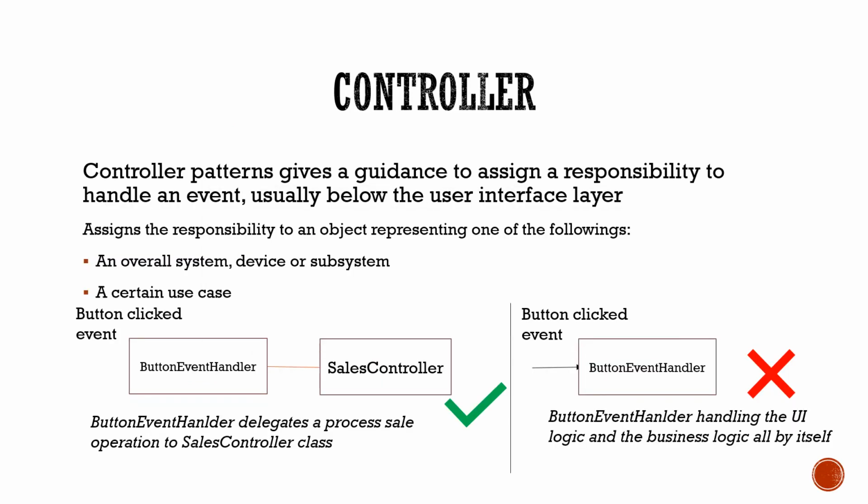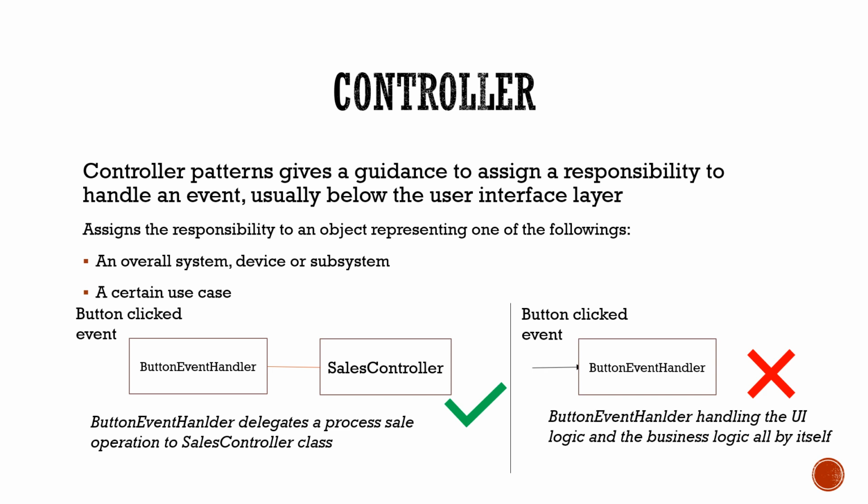The first pattern that we'll discuss is controller. So controller acts like a facade from the UI layer. We can see on the first picture a class that handles a button click event delegated to the sales controller, while on the right side we can see that the event handler contains business logic, and that's not what we want.